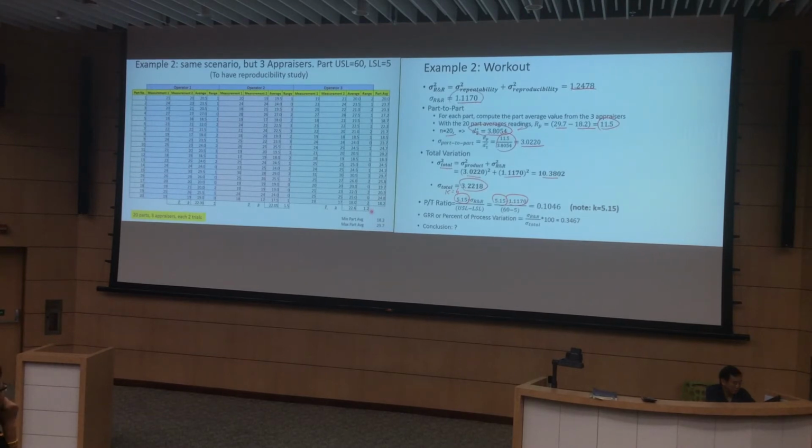And the spec is 60 minus 5, 55, so you get 0.1 here. This one, right? If it's 6, it's slightly different, not much different from there. And then from GR and R, this one over total. Total is this guy here.